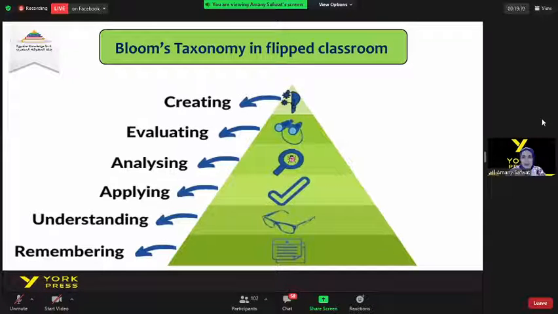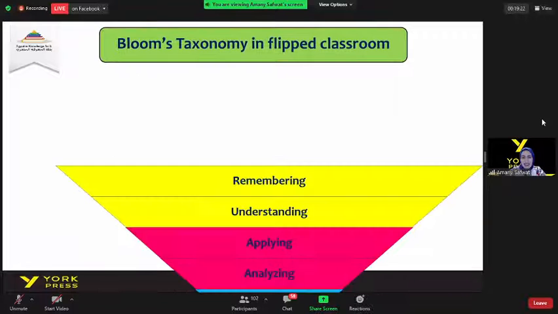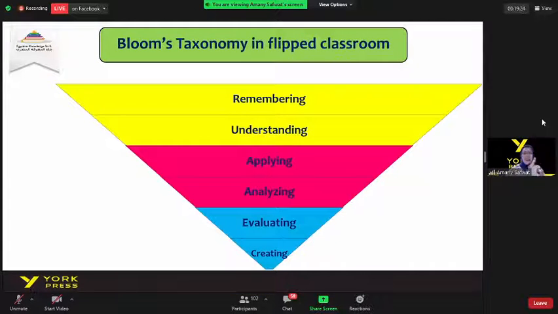But in a flat classroom, everything is upside down. What should have happened at the end happens at the beginning. So we have remembering and understanding not inside the class or during the class, but this happens before the class, and we will see how this can be applied.